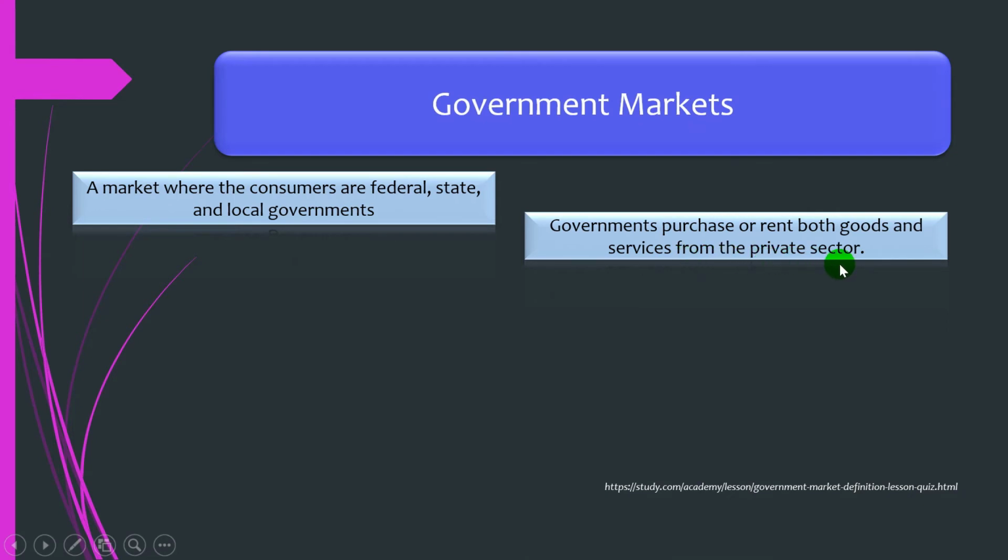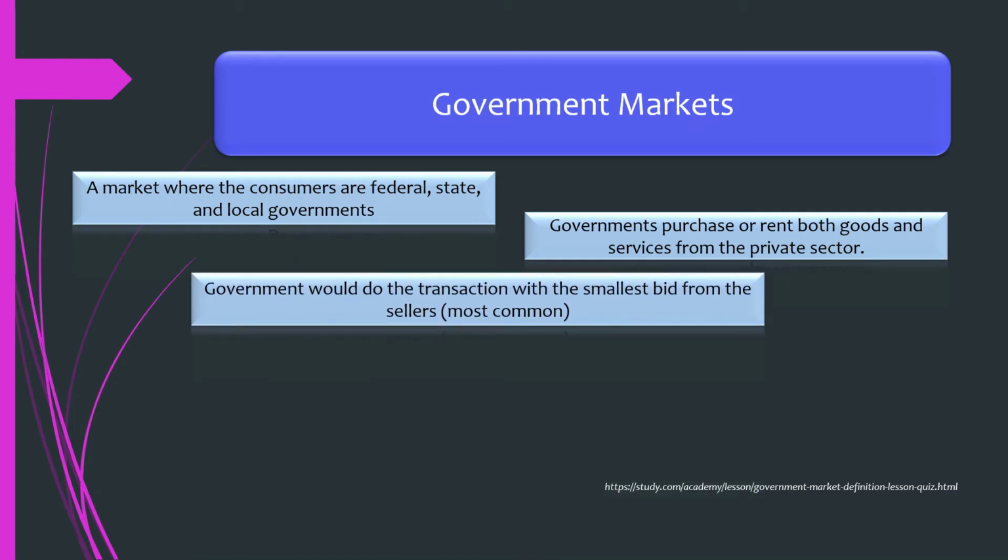Let's take an example. We are the private sector, so we will provide goods and services for the government, and then the government will buy our goods and our services, to conduct their duty as the government, to run well.